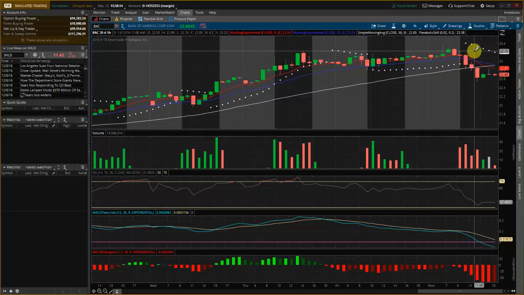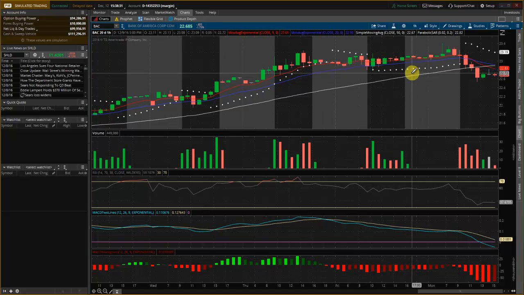And if it passes the area where you sold the stock short, let's say you sold the stock short at 23.19 and now we're at 23.40, well, now you're losing money. So you need to manage your risk and manage your account like you would any other type of trade. There needs to be a stop loss, if you will, so that if the stock starts to go higher, you're going to want to buy to cover.